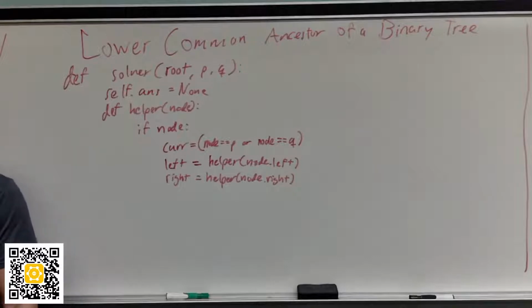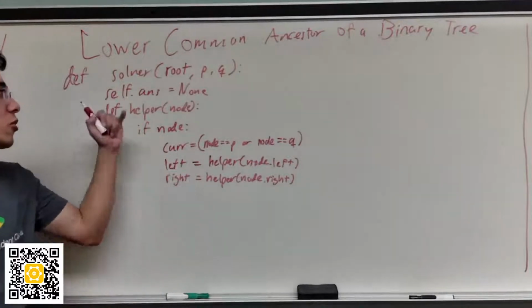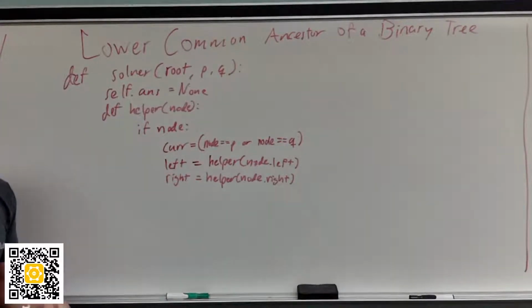So T is going to be 2. So that means that we may actually end up having to go left and then recursively call again and go right. And that's where we store self.ans. So we're going to change self.ans at some point. And when do you think that is? When do we change self.ans to get the actual lowest common ancestor?